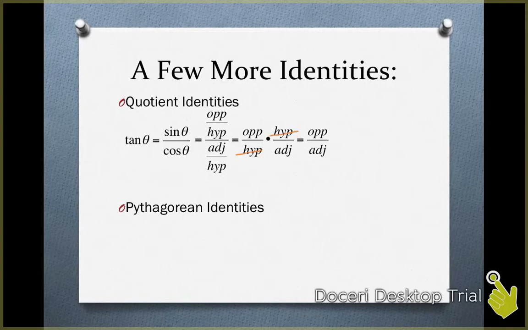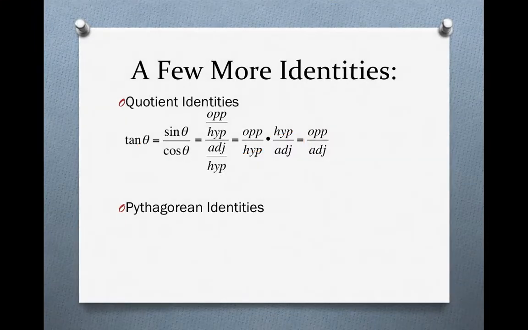And so what I end up with here is the opposite over the adjacent, which we already know is the ratio for tangent. So this is just sort of proving the point that this really would work and that this is a legitimate identity and a legitimate way to think of tangent of theta.